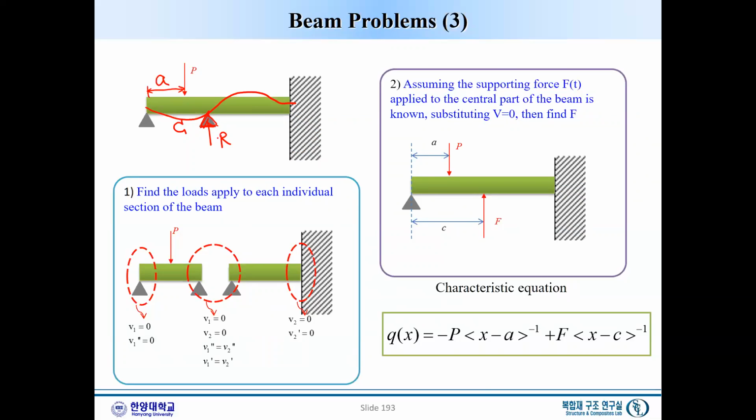We don't know how much reaction force will occur there, and then this reaction force will be applied to the beam. But what we know is that the deflection V at x equals c is simply 0 because of this simple support. From this condition, we can obtain R.